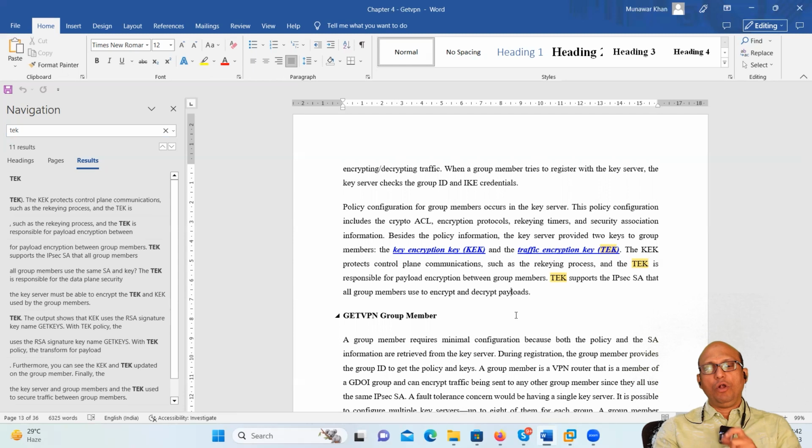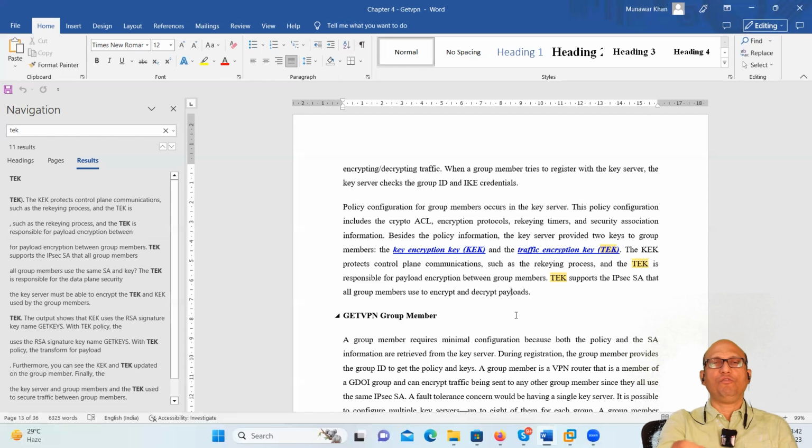There is one term called the rekeying process. Now again, like always, you see the bank often asks you to change the password after a certain time. There is a validity for every key. Same way, my TEK also will expire after say 1 day or after a stipulated time. So what will be the process?